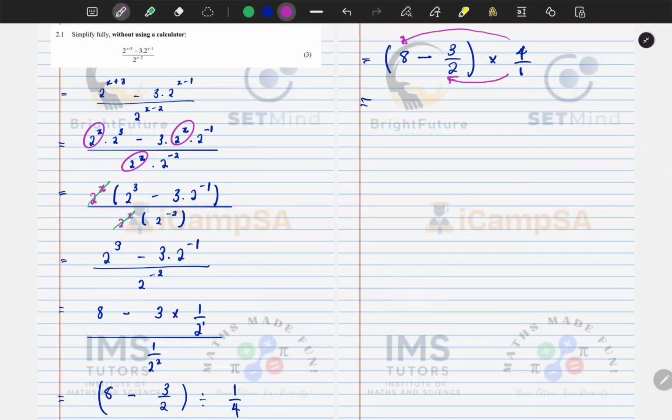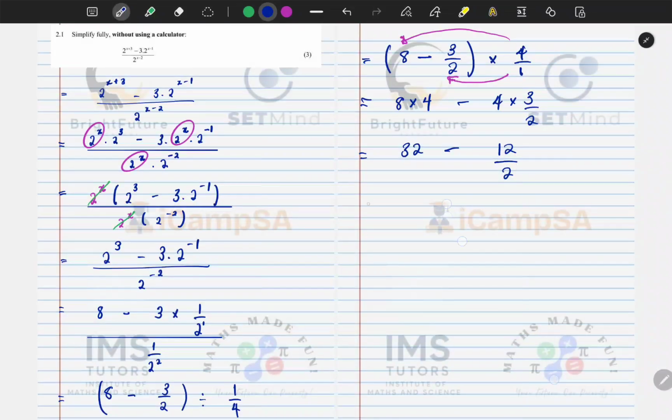So it's going to be 8 times 4 minus 4 times 3 over 2, and 8 times 4 is 32, minus 12 over 2.